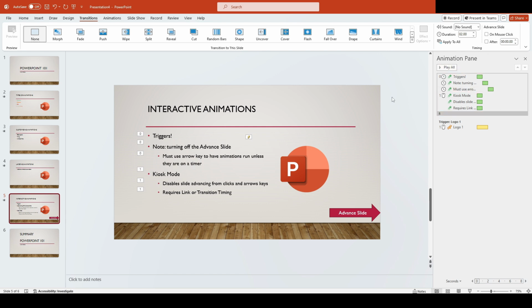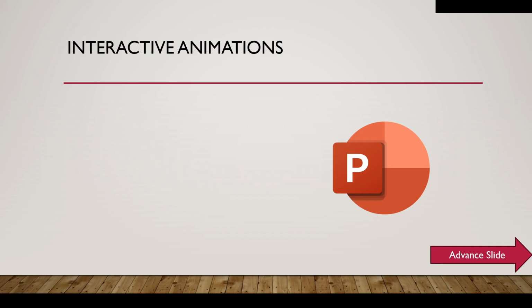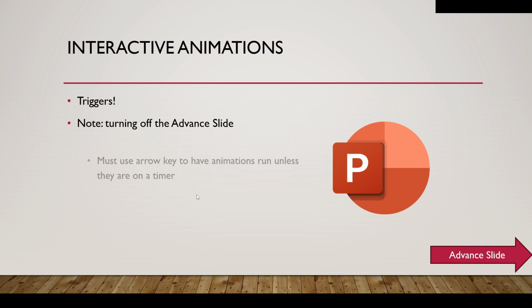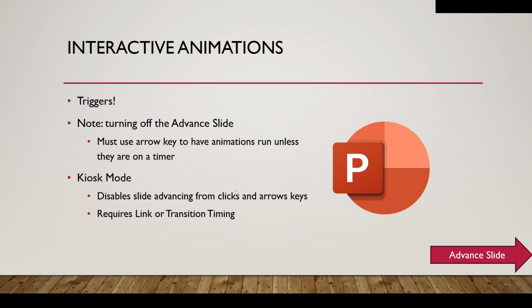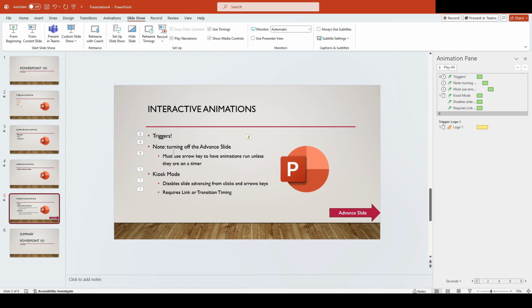Now, the keyboard still works. They can still arrow through, but if we do the From Current Slide show, my mouse clicking no longer works, so I have to use my arrow keys to move forward in the interactive animations. We can also disable that if you want to make it so they can't arrow key at all.